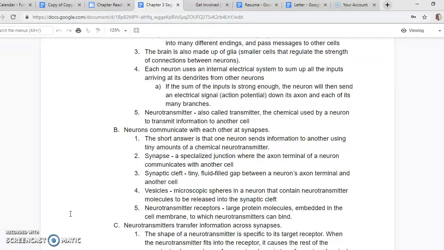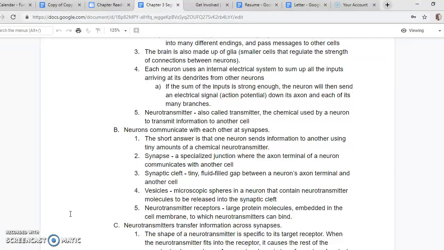At the end of a neuron, there is a synapse, which is a specialized junction where the axon terminal of a neuron communicates with another cell. In between the two, one of one cell and one of another, there is a synaptic cleft, which is a tiny fluid-filled gap between a neuron's axon terminal and another cell.